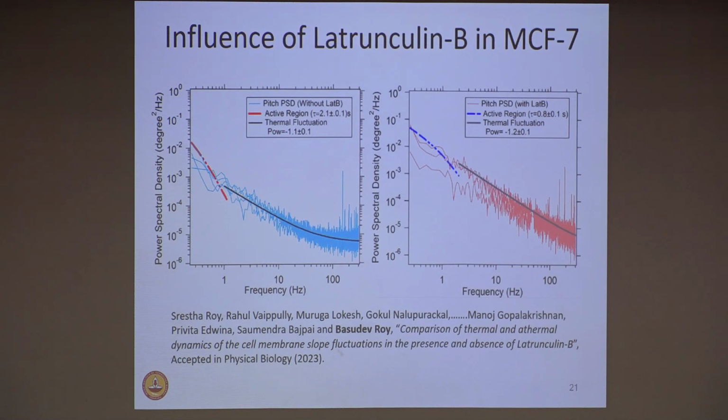That was the question we asked. We find that the power law of the slope fluctuations is -1 again, nicely -1. I'll come to this part a little later. You can see the amplitude is somewhat like this. But when we put in latrunculin B, which depolymerizes the actin, the amplitude went up. It's off by a factor of 5, the change in amplitude.